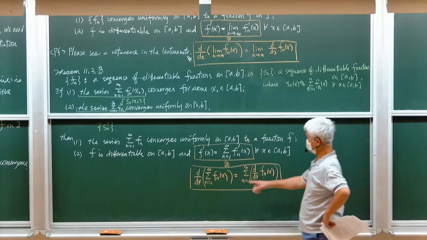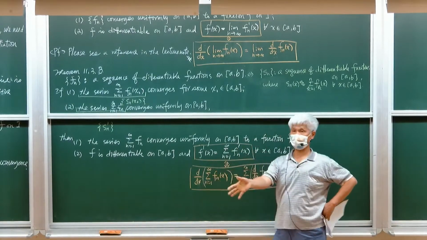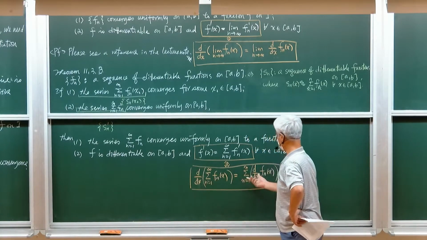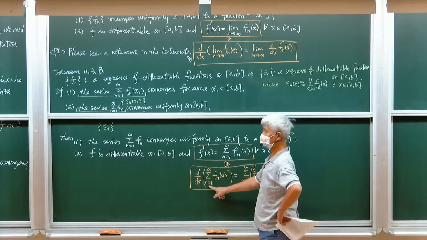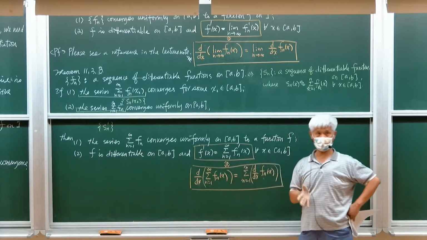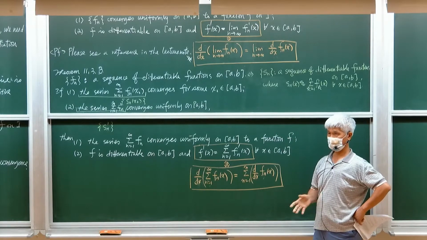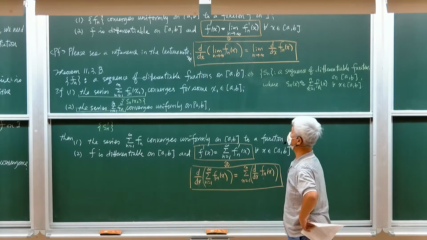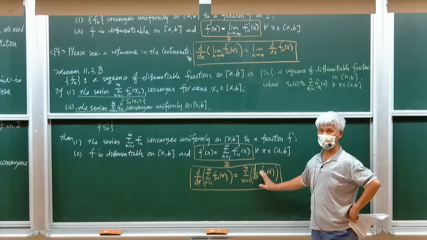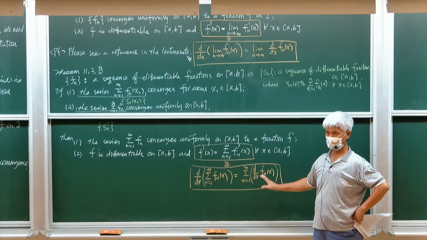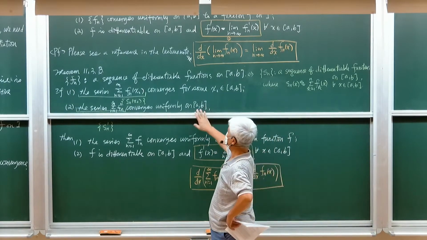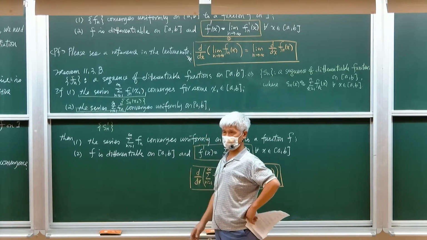Okay. So series sum is also a limiting process. So you interchange the series sum. This is a limiting process, and this is the differentiation operation. Any questions? Okay. So this is a version for series.